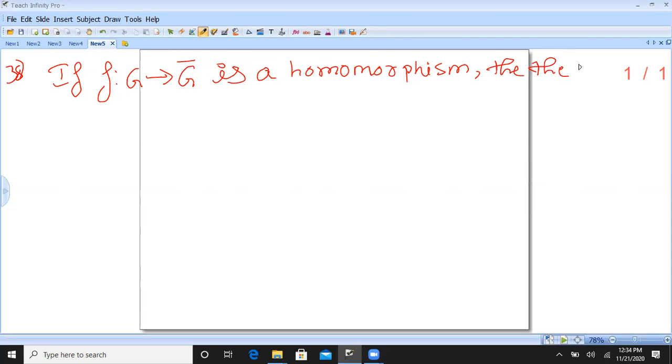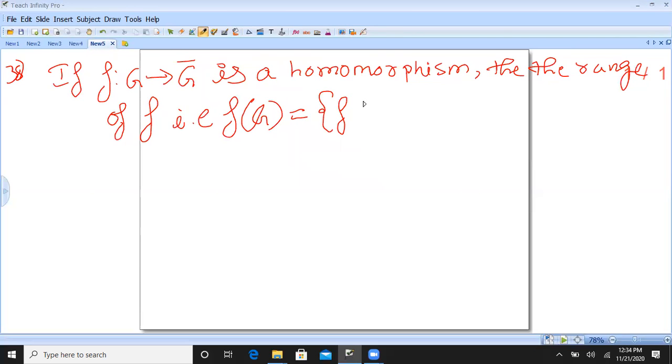the range of f, that is f of G, which is equal to f of a for all a belongs to G, is a subgroup of G bar.